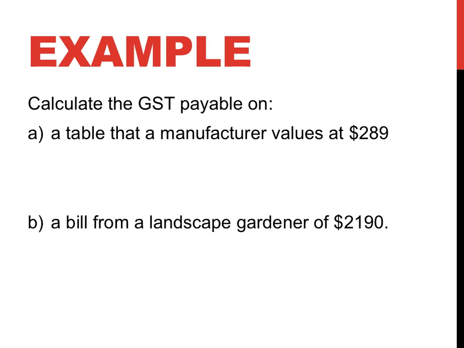Calculate how much GST is payable on a table that the manufacturer values at $289. We're awesome at finding out 10%. What a super great skill I've already taught you. If 289 is 100%, 10%, move the decimal spot, $28.90.